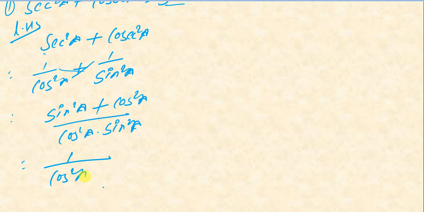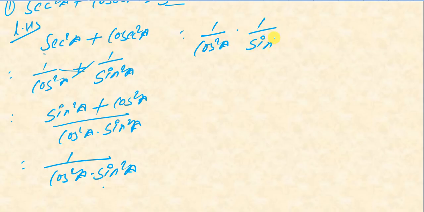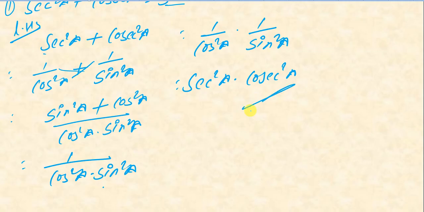So we get 1 upon cos square A into sin square A. Same, you can separate it: 1 upon cos square A into 1 upon sin square A. 1 upon cos square A is equal to sec square A, into 1 upon sin square A is equal to cosec square A. This is our proof.